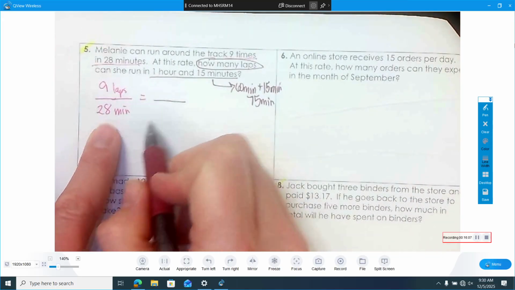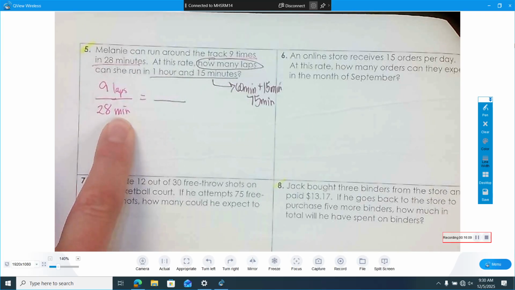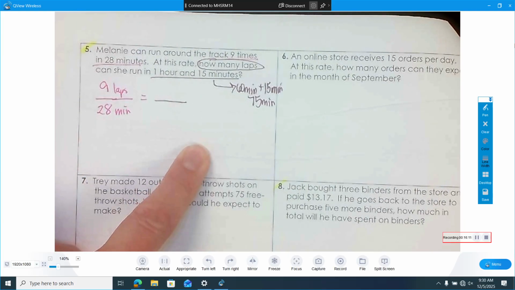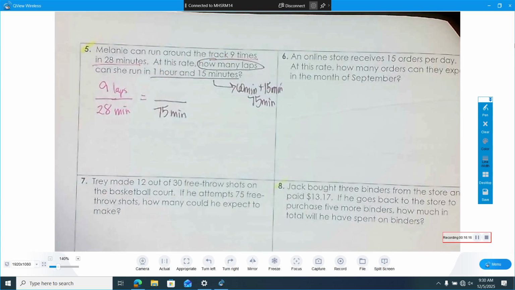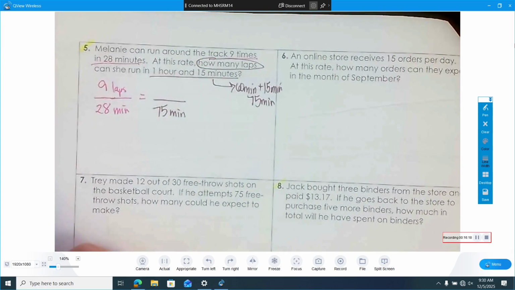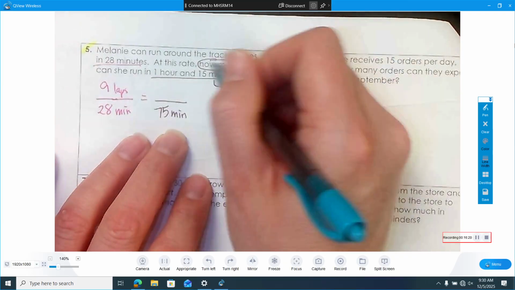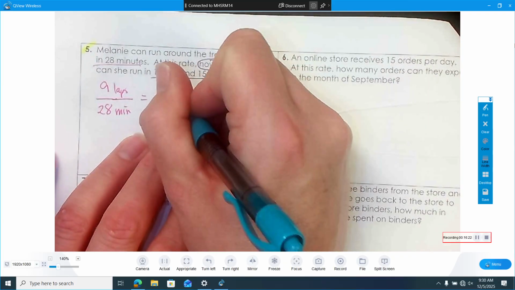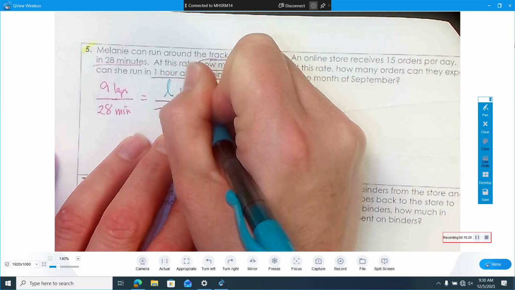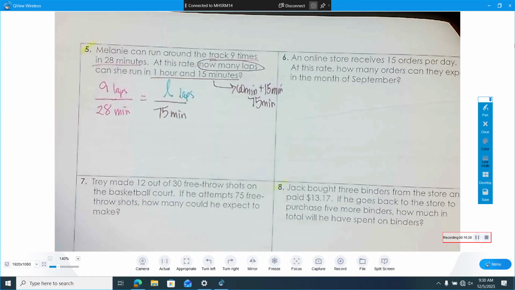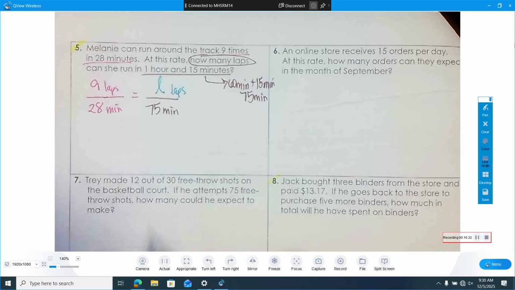When we set up our proportion, we started with minutes, which means we have to use minutes. So 75 minutes. Now, what should go on top? Laps. We're trying to figure out how many laps, so I'm going to use an L for that. So L laps. All right, ladies and gentlemen, go ahead and solve that out for me, please.